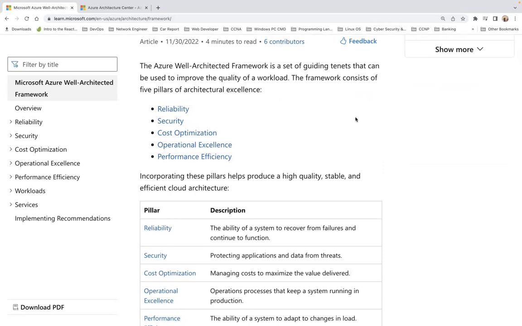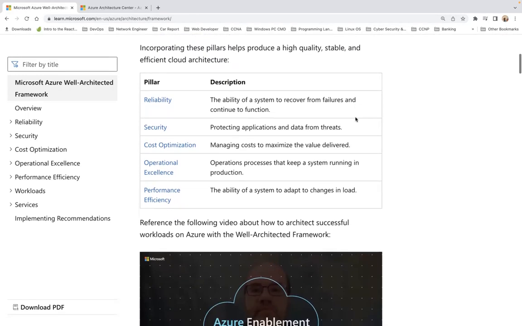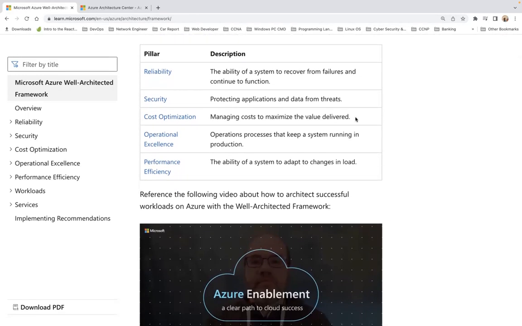The framework consists of 5 pillars of architectural excellence: reliability, security, cost optimization, operational excellence, and performance efficiency. It breaks down in detail like this. Reliability: the ability of a system to recover from failure and continue to function.